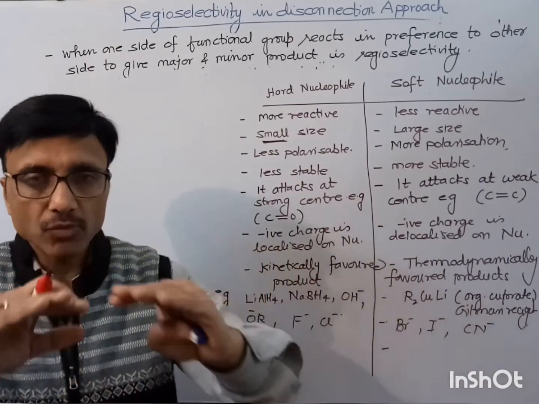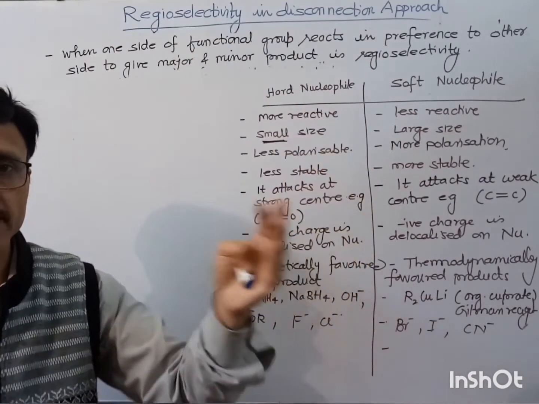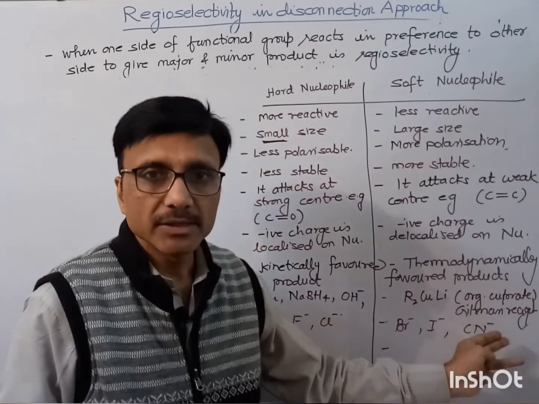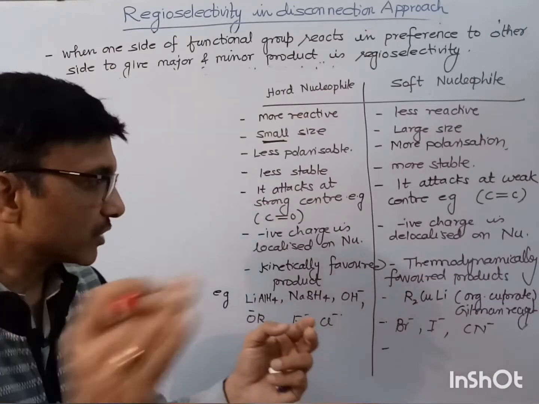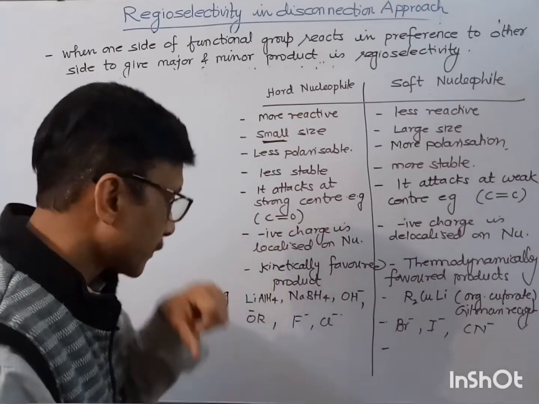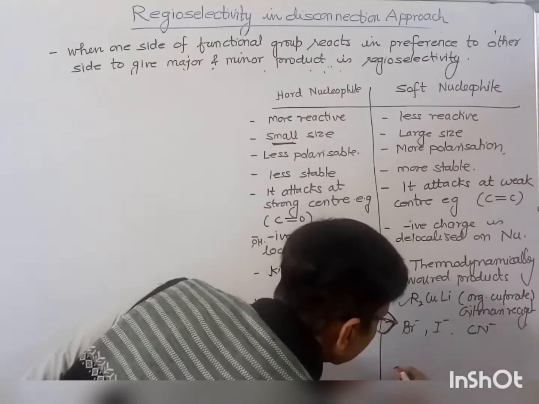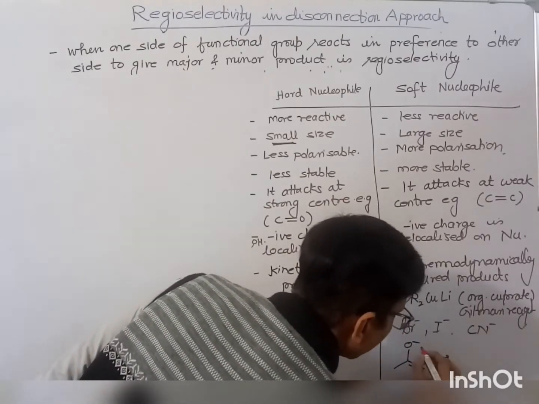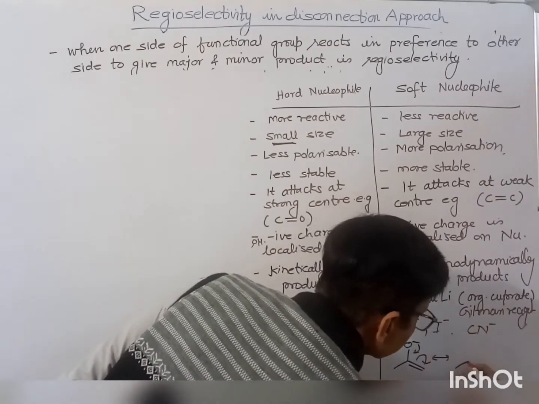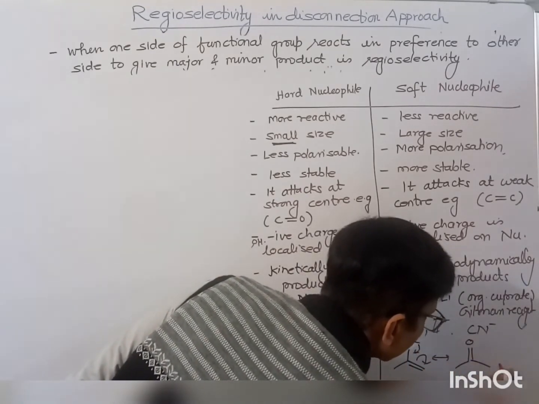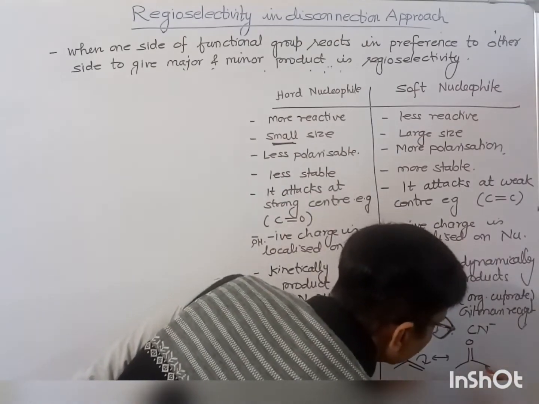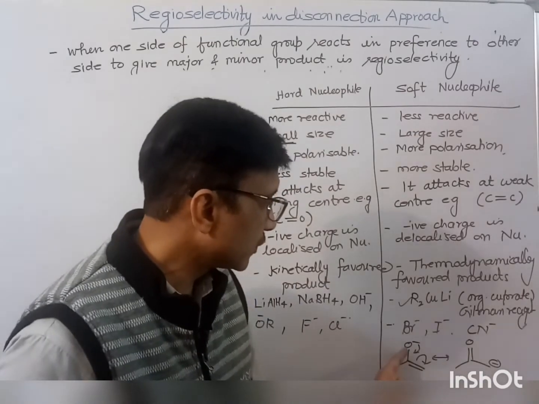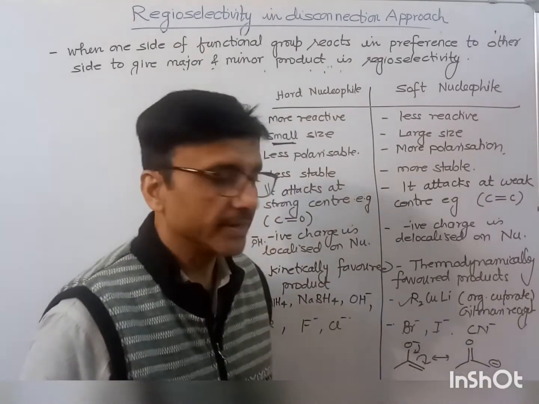The larger the atom, the more the negative charge is delocalized. In cyanide the negative charge is delocalized over the carbon and nitrogen centers, and in the same way the enolate ion also acts as a soft nucleophile, because the negative charge is delocalized over the oxygen and carbon atoms.